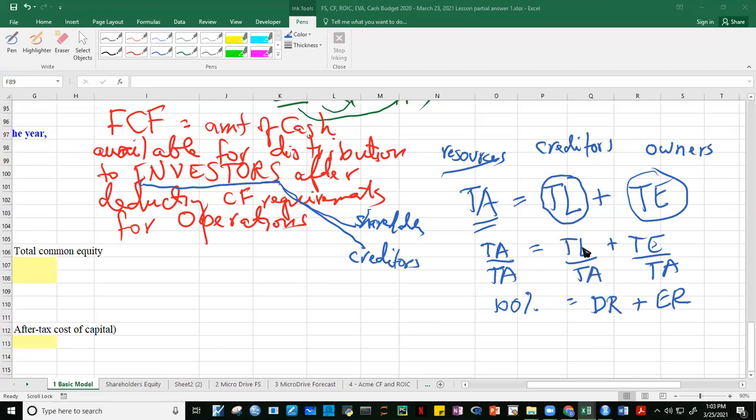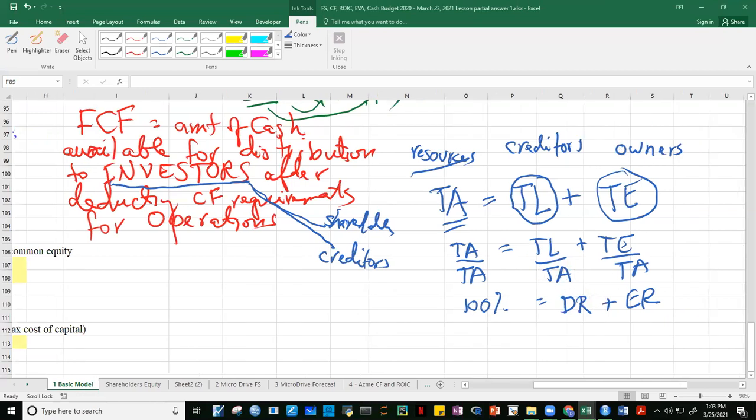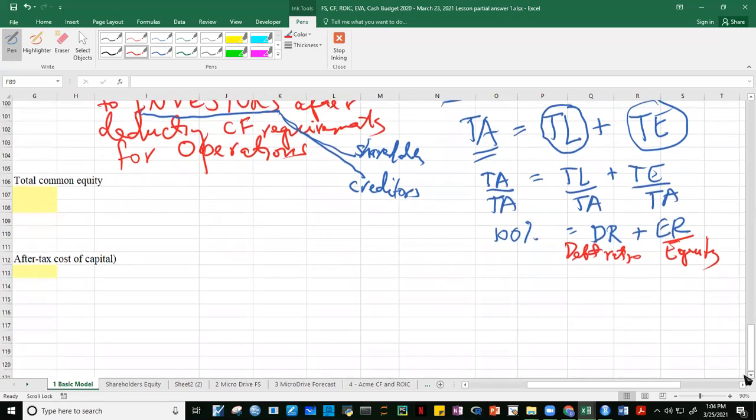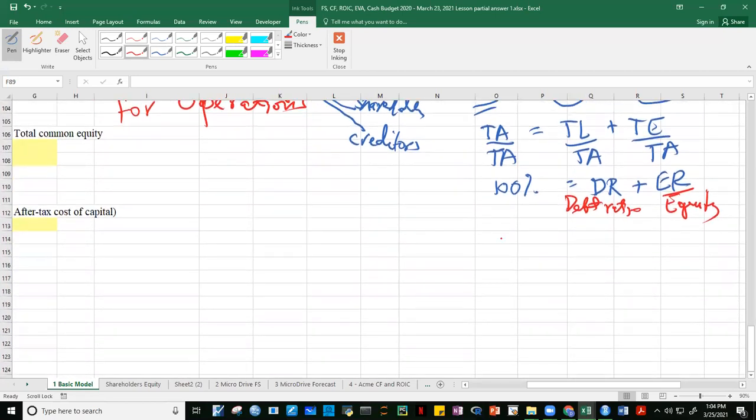Total liabilities over total assets, you call it your debt ratio. And this is your, what's this? This is your equity ratio, no? Equity ratio.